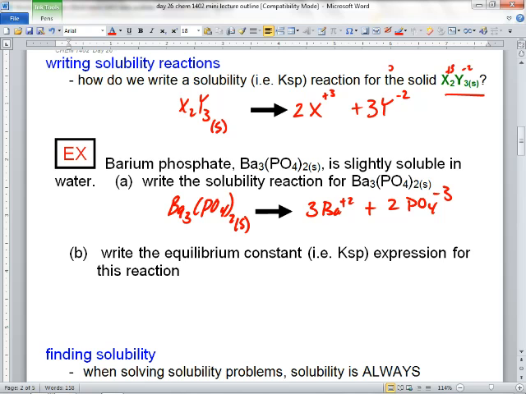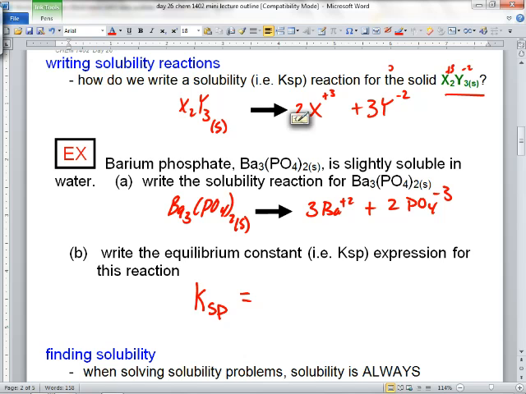Right, the equilibrium constant expression for this reaction. So that's just what over what? Products over reactants. So write that. Write the KSP expression for this. Hopefully you're going to leave out solids. Yep. So, Vanessa, what did you write?